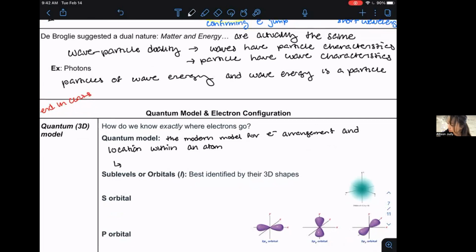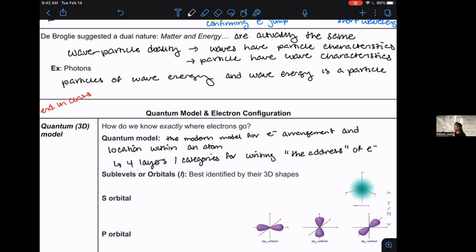And there are 4 levels or categories for writing or identifying what we call the address of an electron. So the quantum model has 4 series of organization, 4 layers, 4 levels. Maybe I should put layers. That might be a better word, layers, slash categories for writing the address.